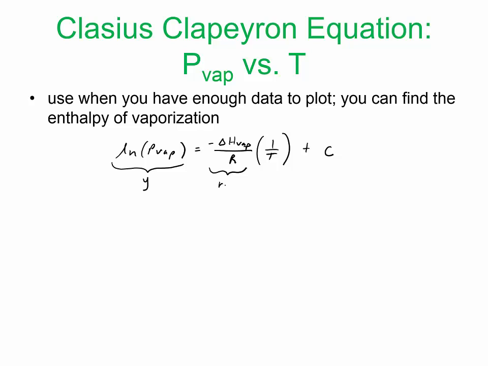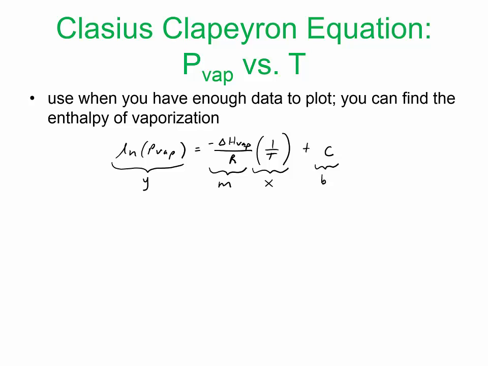So y, on the y-axis, will be the natural log of vapor pressures, which is equal to the slope, which is equal to the negative enthalpy of vaporization divided by R, times x, which is the inverse temperature, plus c, which is like our shift number.